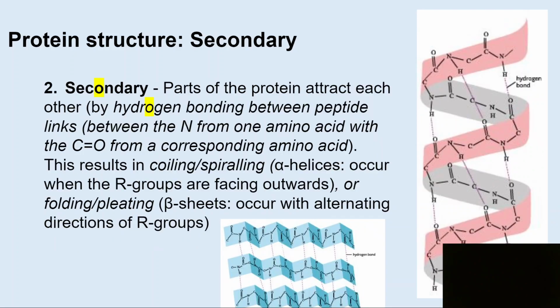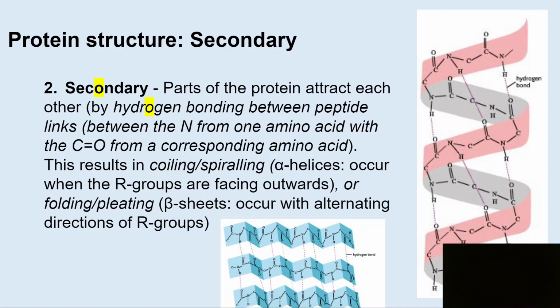Secondary structure is the intermolecular forces, so non-covalent, between the amide links, right? So we're not up to anything to do with the R groups yet. We've got hydrogen bonding occurring. If this is part of the chain and this is another chain nearby, then the lone pair on the nitrogen would be attracted towards the C double bond O here.